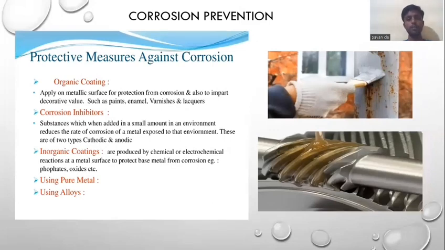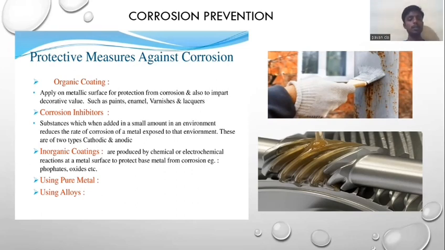Then, what are the preventive measures against corrosion? Organic coatings are applied on a metallic surface for protection from corrosion and also to impart decorative value, such as paints, enamels, varnishes and lacquers. Corrosion inhibitors are substances which, when added in a small amount to an environment, reduce the rate of corrosion of metal exposed to that environment.